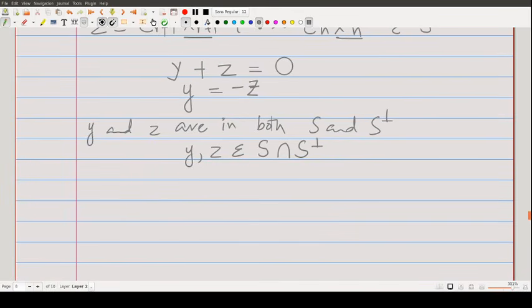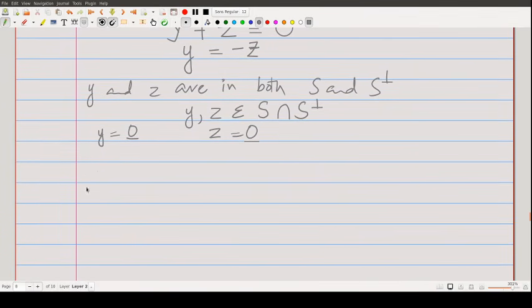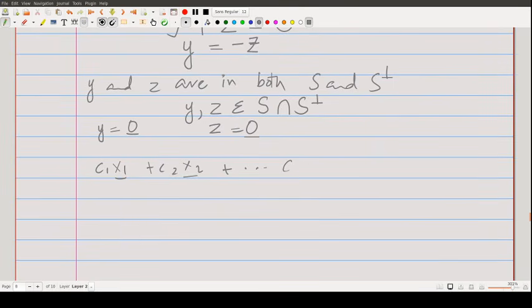And so this tells us that y has to be 0 and z has to be 0. But if y has to be 0, which means that c1 x1 plus c2 x2 plus dot dot dot cr xr has to be 0.